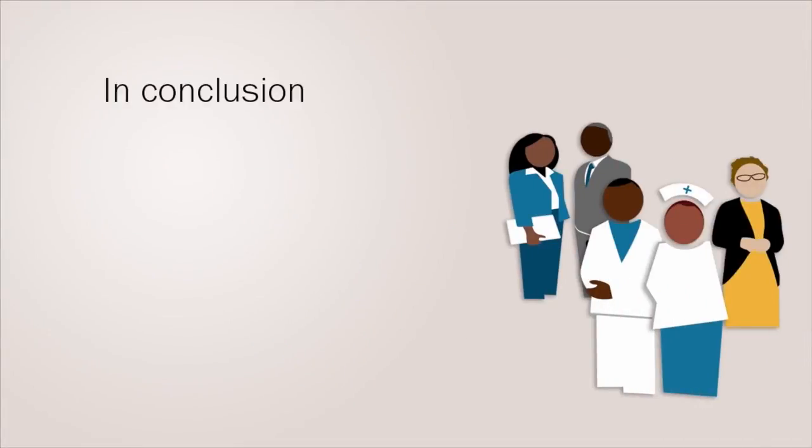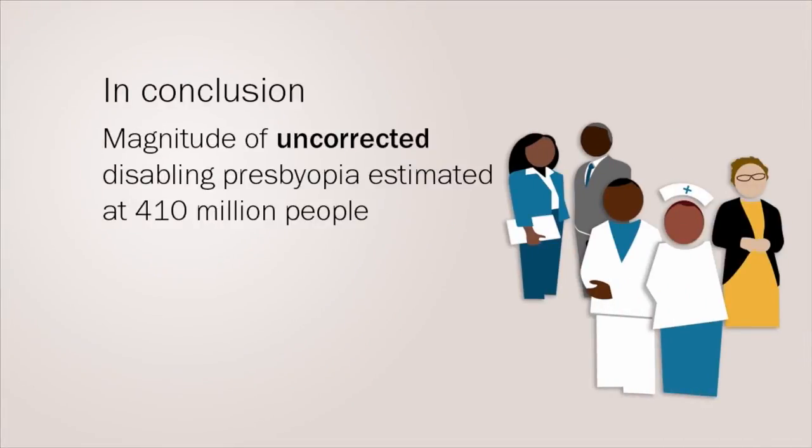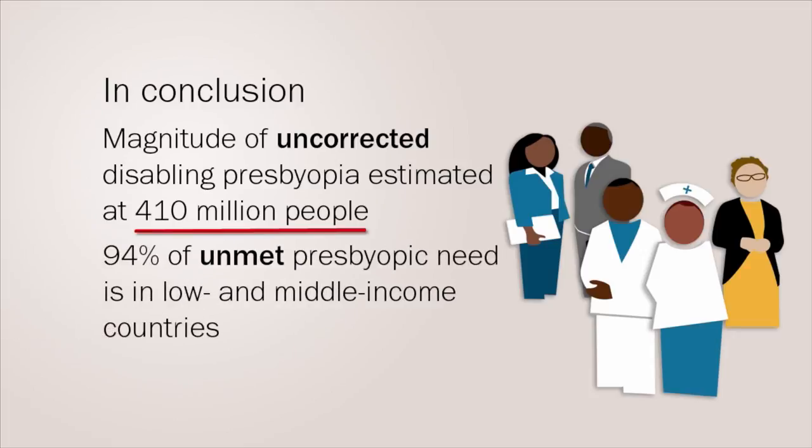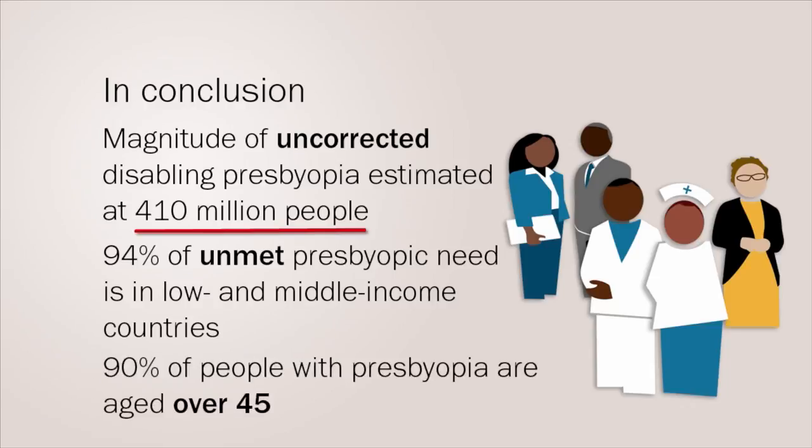In conclusion, the magnitude of uncorrected disabling presbyopia has been estimated at 410 million people, with an increase to 563 million by 2020. 94% of the unmet presbyopic need is in low and middle income countries. 90% of people with presbyopia are aged over 45.